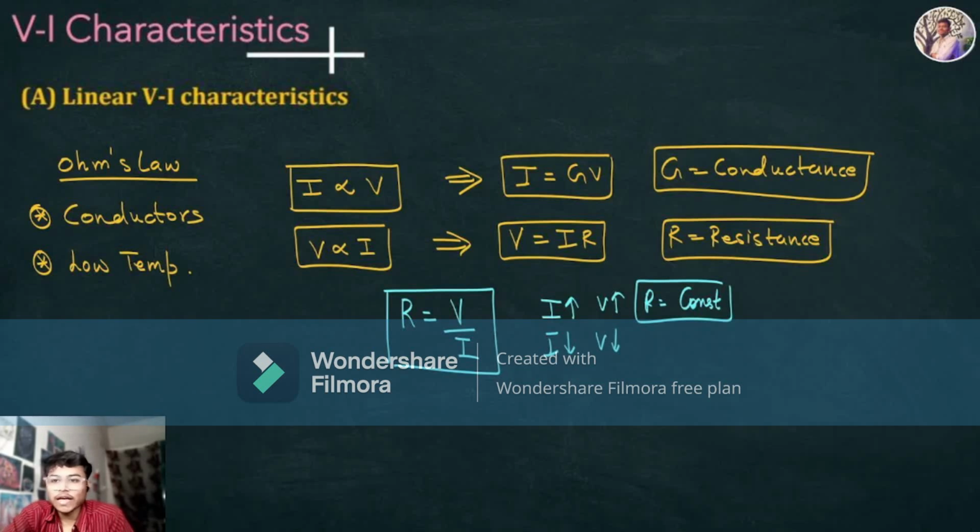Okay, so there is the VI characteristic, like Ohm's law. What is a linear VI characteristic? It basically depends on Ohm's law. So I is directly proportional to V, so I is equal to G times V. And V is directly proportional to I, V equals IR, where R is equal to 1 by G. It depends on how you learn.